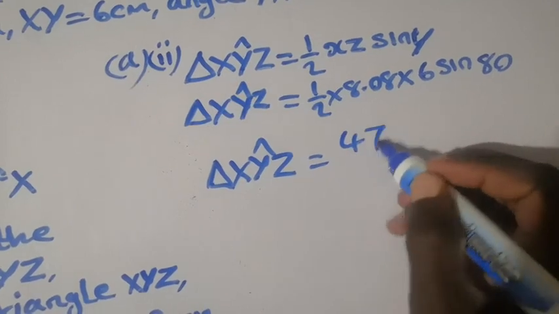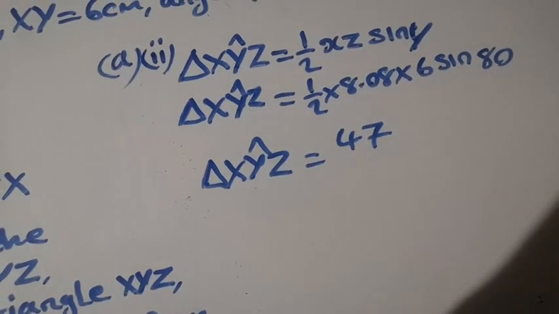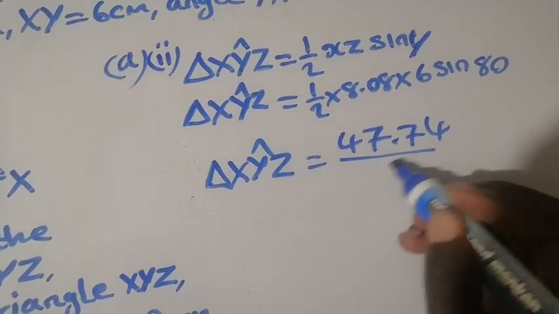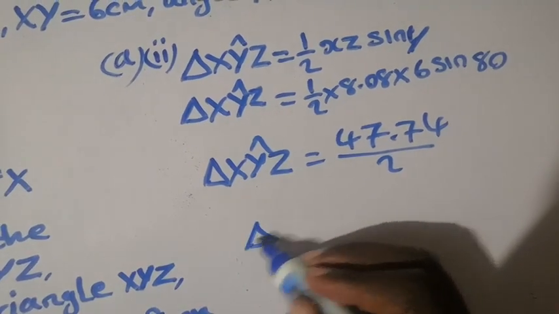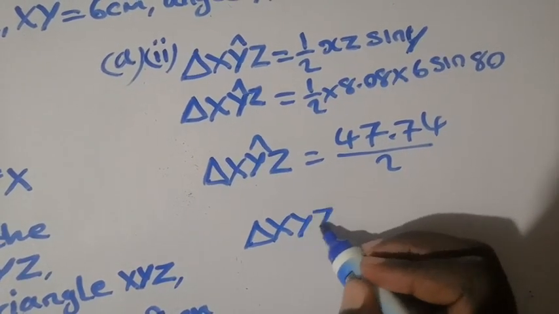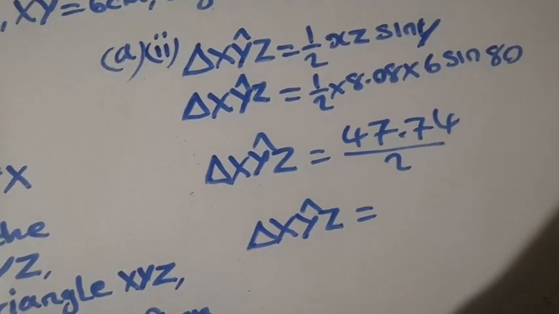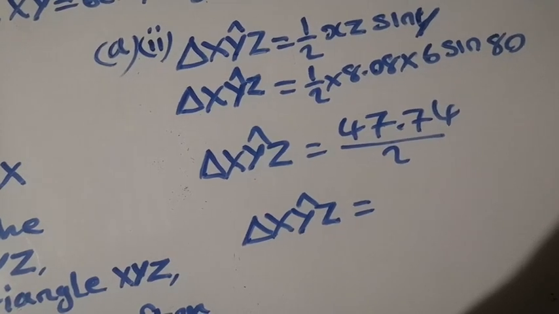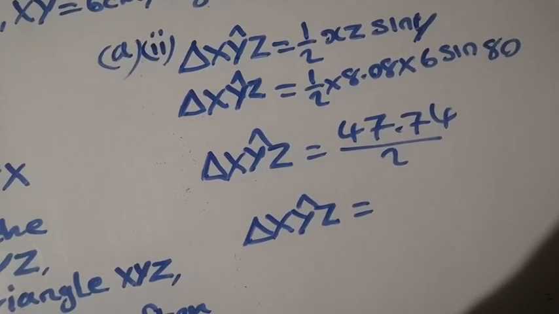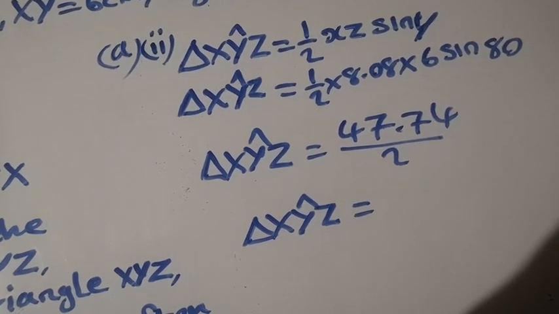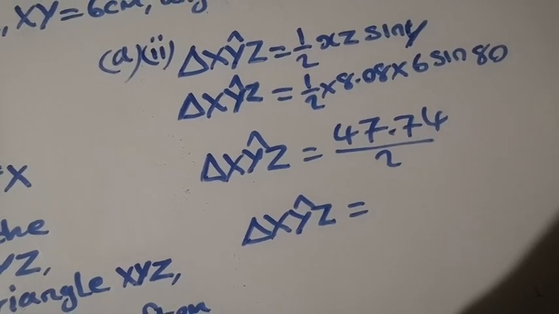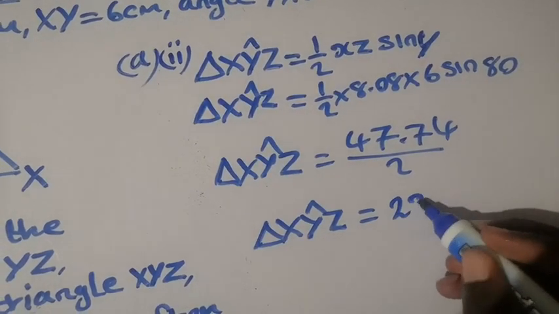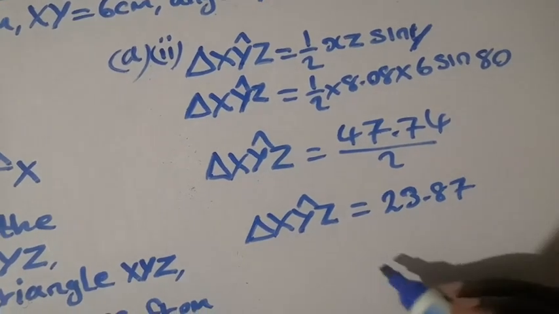So we have 47.74 over 2. If we divide the answer by 2, we are getting 23.87.